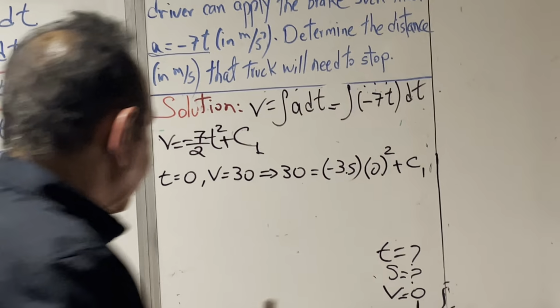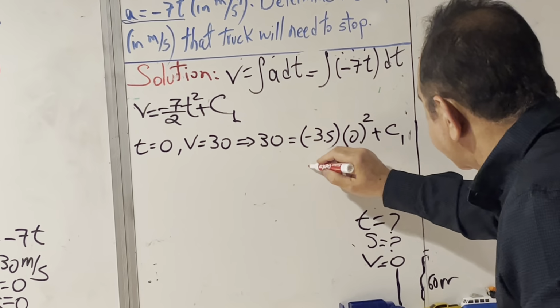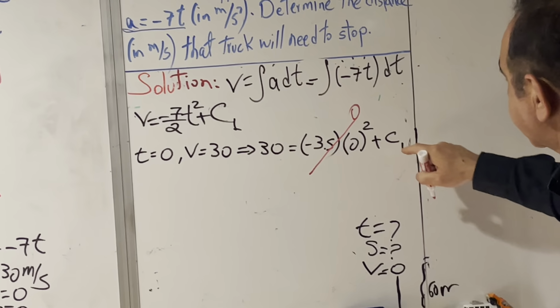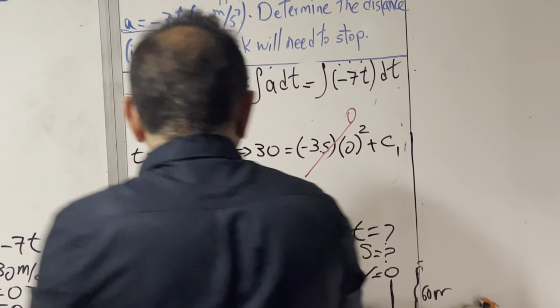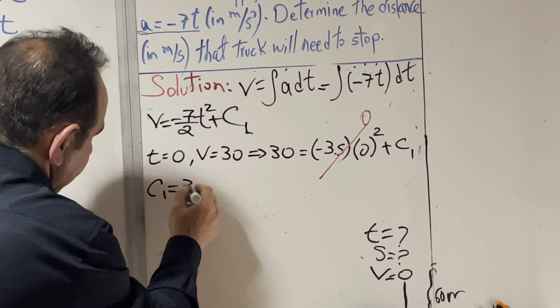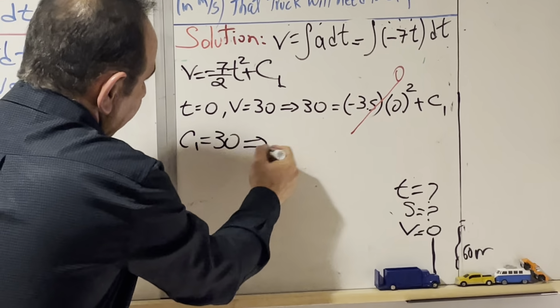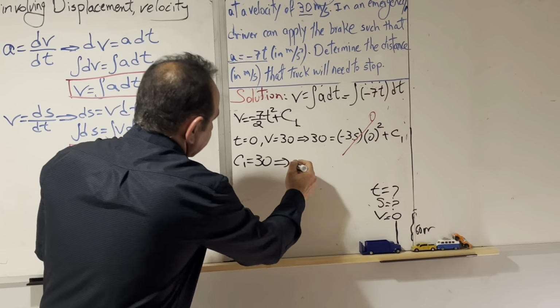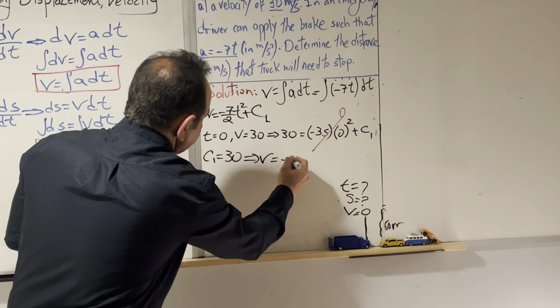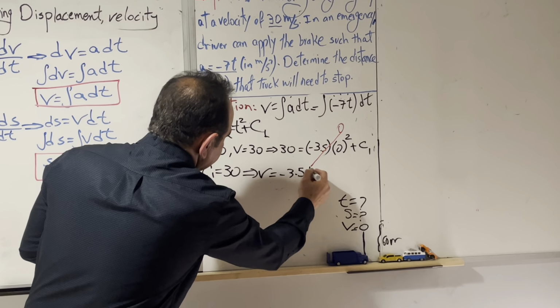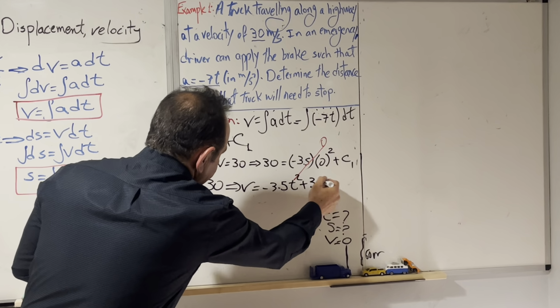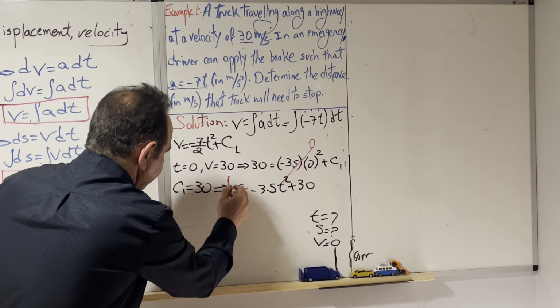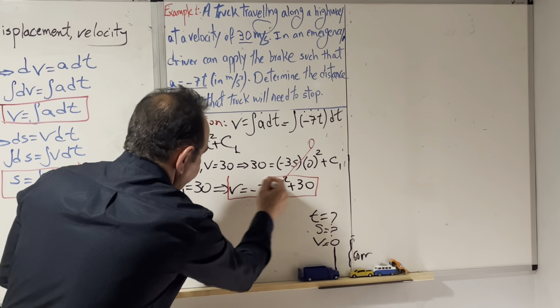Now we can see easily this term will be 0, then C1 will be 30. As C1 is 30, we can write the complete equation of the velocity. Velocity is minus 3.5 t squared plus 30. So we have this information right now.